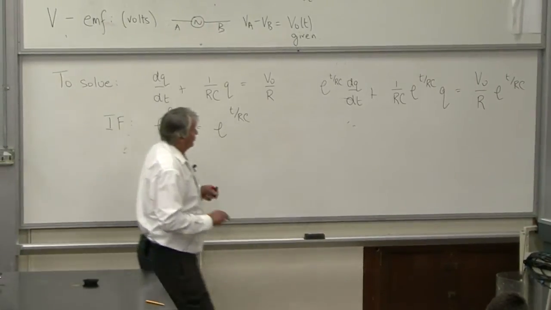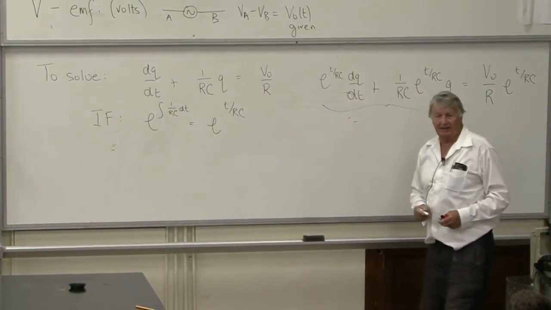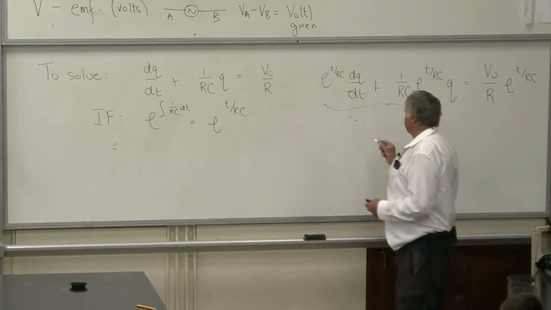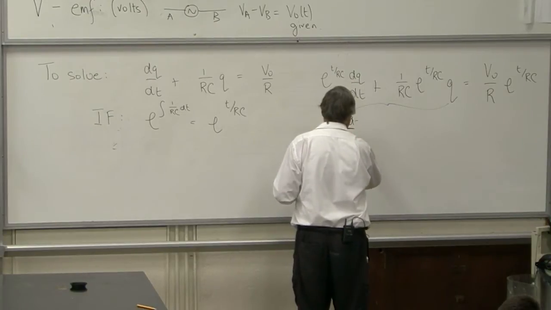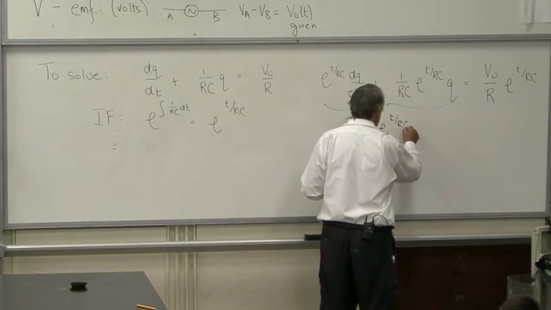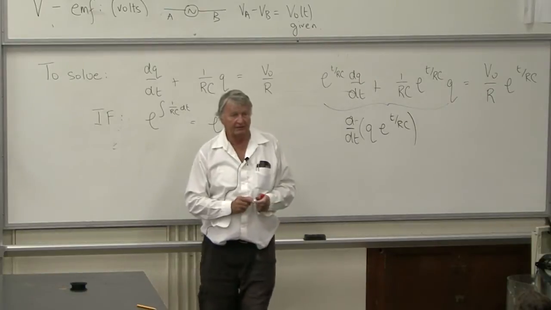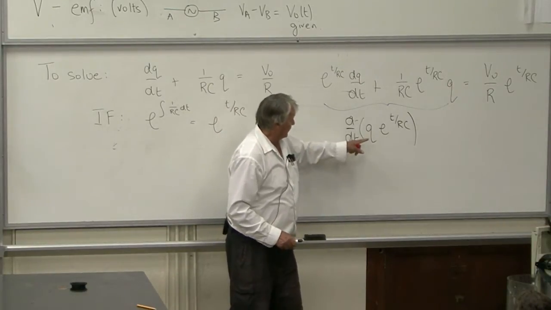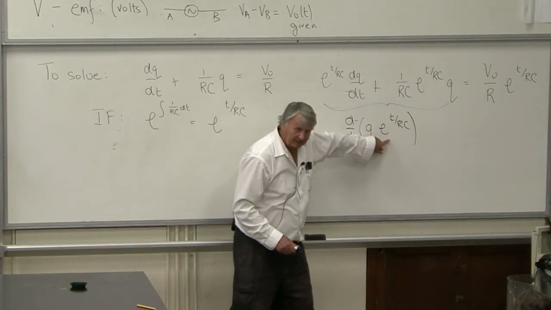Why did I do that? What if I look at this term? It is a perfect derivative. It is the derivative of the product of q with the integrating factor. That's what those two terms are. This is d by dt of a product, uv, so it's du by dt v plus u dv by dt.